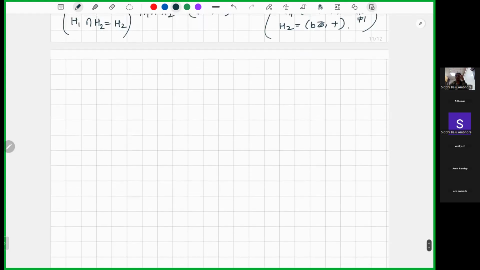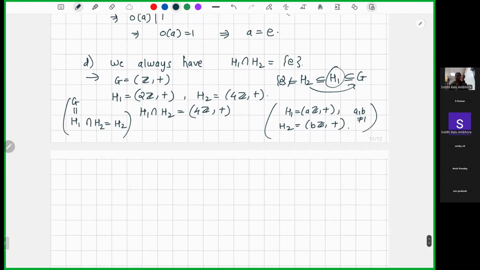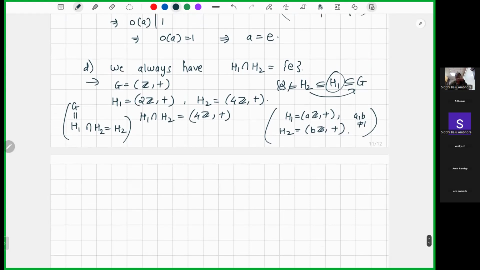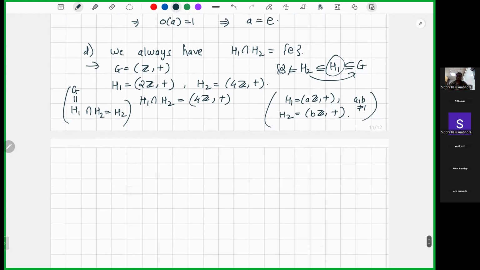That is only a sufficient condition, not necessary, but we can find examples where the intersection is not equal to identity.